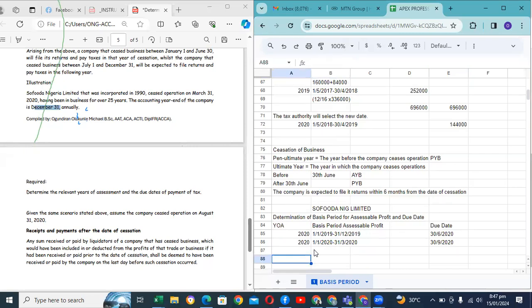Now let's give the second scenario. Scenario 2.